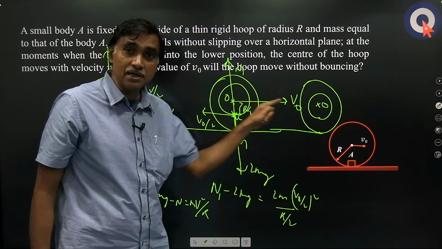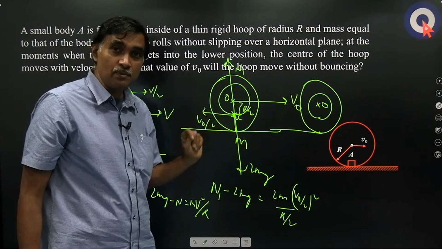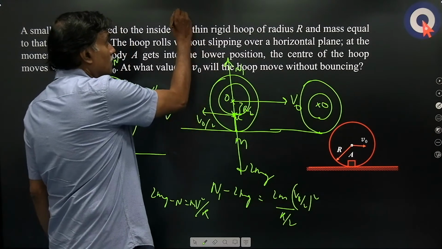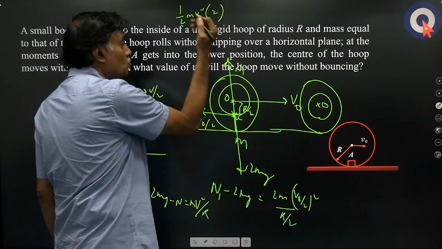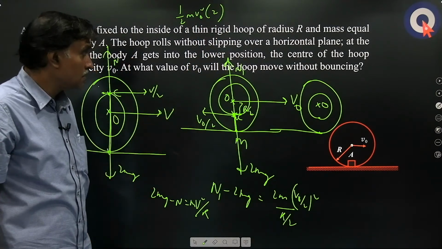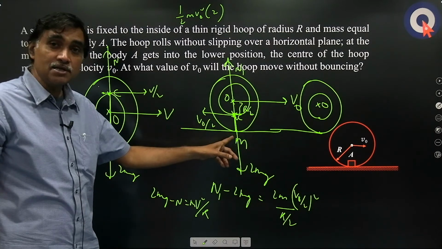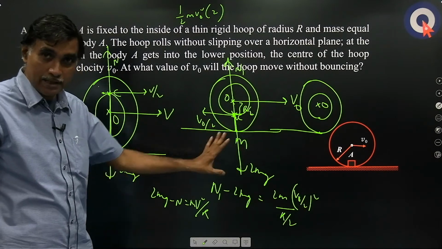Initially this particle is here at the lowest point. If the velocity of the center is V naught, what is the kinetic energy of the hoop? It is half m V naught squared into (1 plus gamma), which means 2, since for a hoop gamma is 1. And the kinetic energy of this particle will be 0, because it is at the lowest point where its velocity is 0 at that instant.